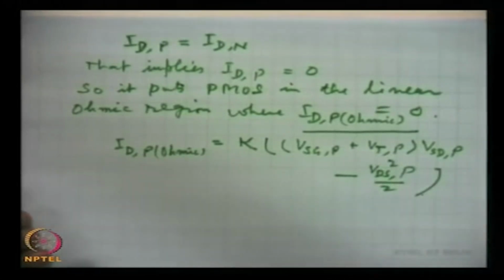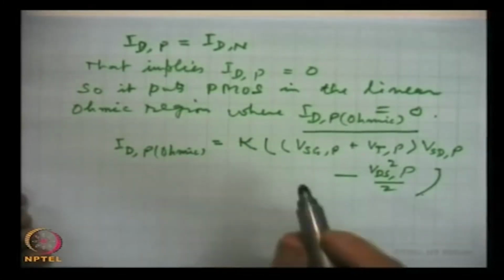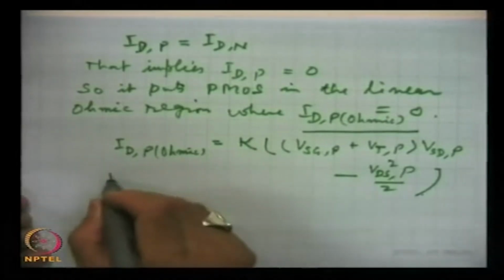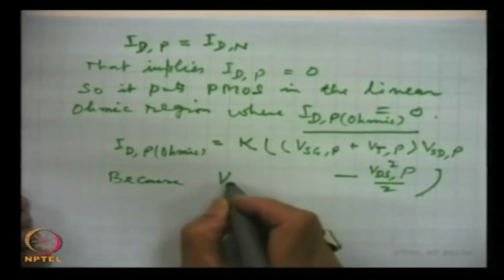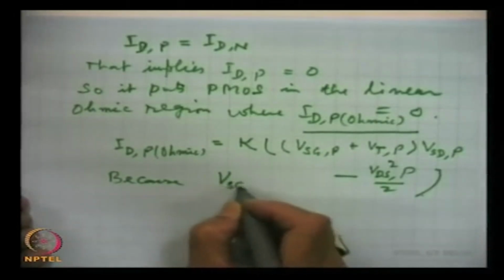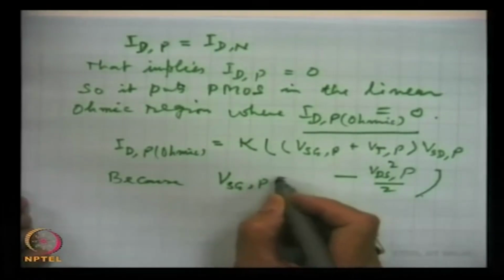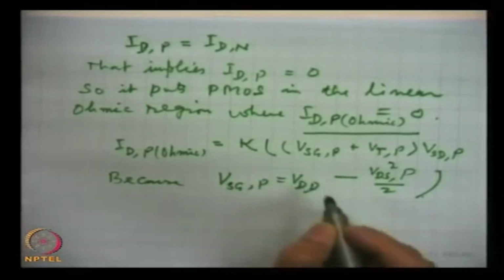This is the equation, and because VSGP is equal to VDD here.